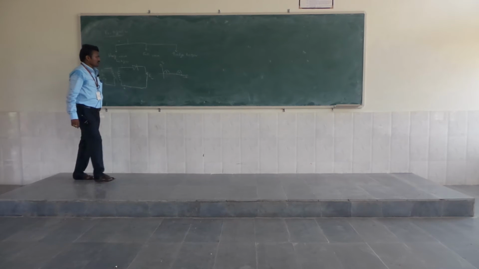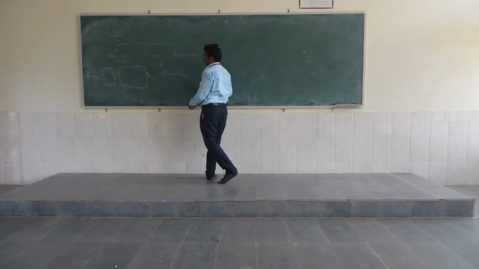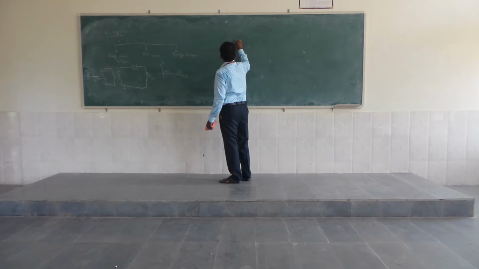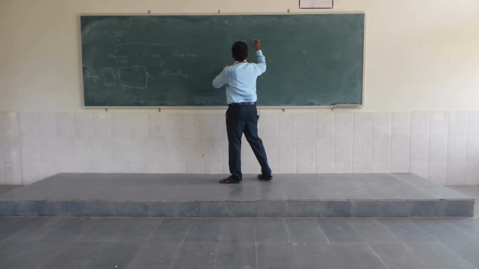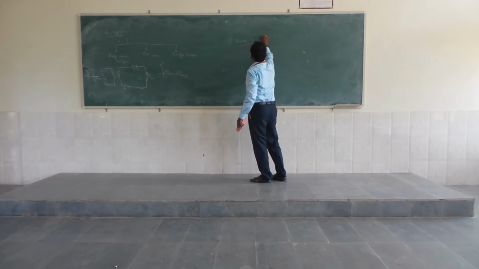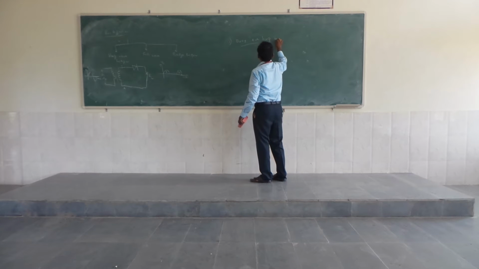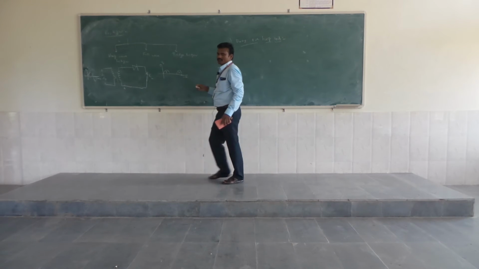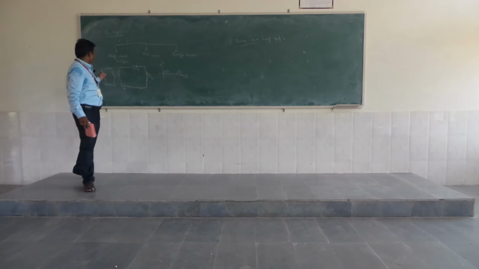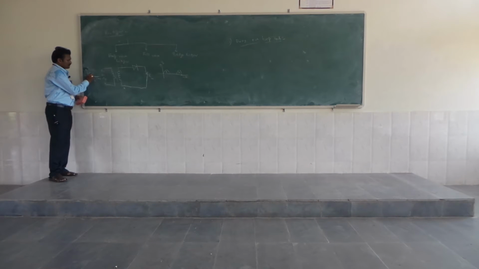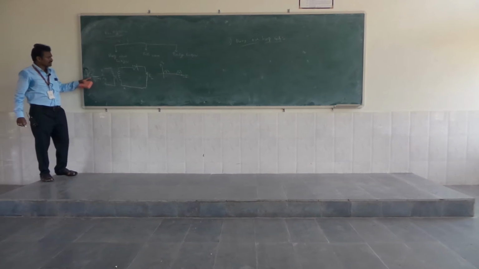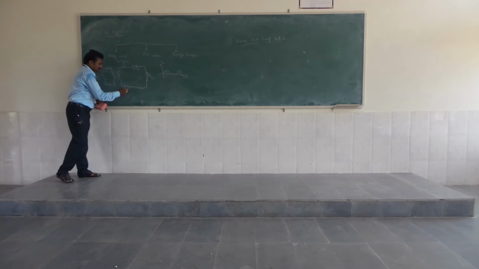To explain the operation, we will divide the total operation into two parts: positive half cycle and negative half cycle. During the positive half cycle, point 1 is positive with respect to point 2.